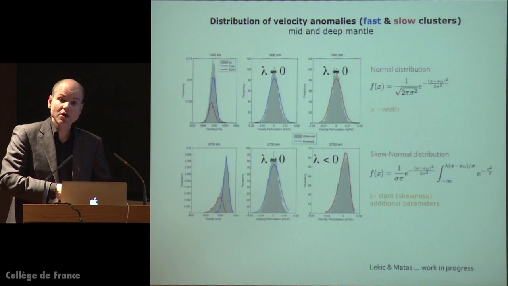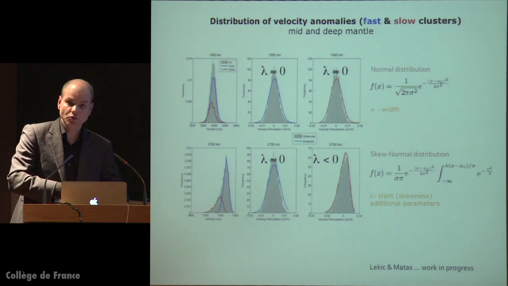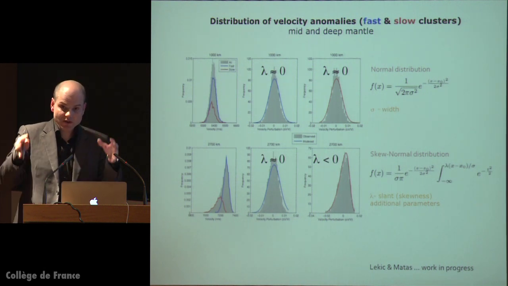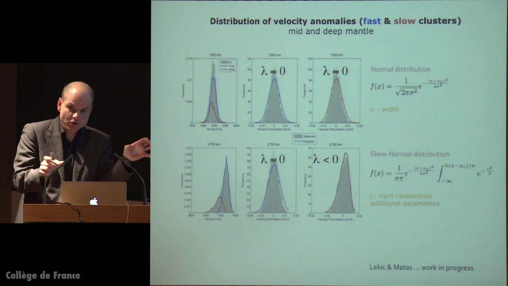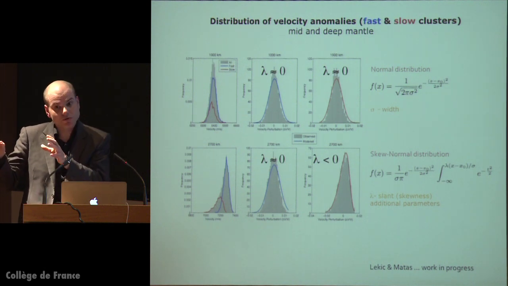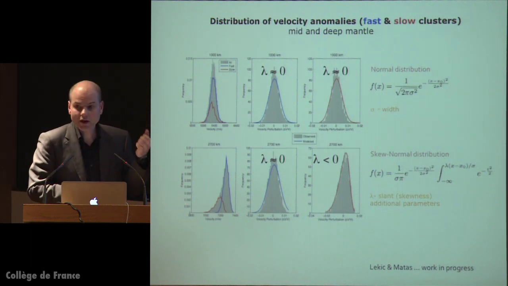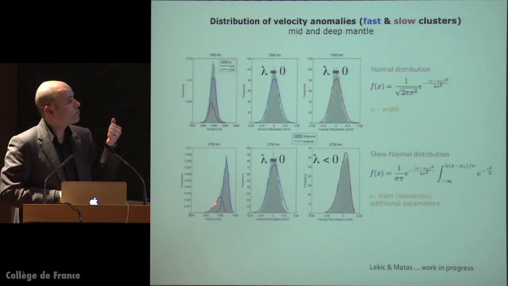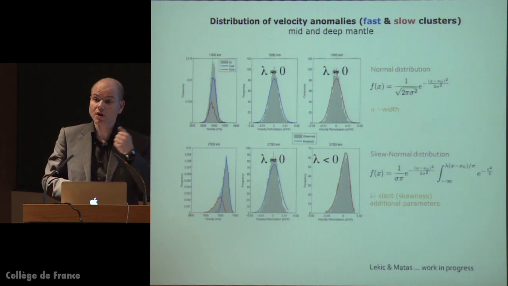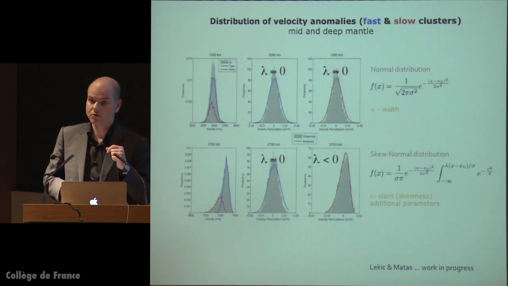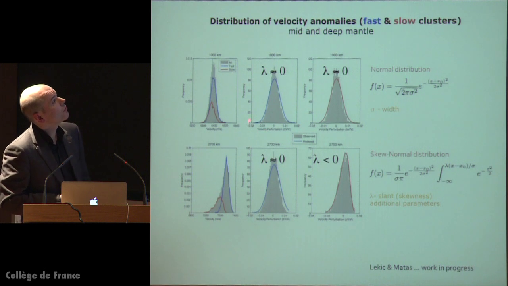The slow cluster remains skewed. So the global is skewed, and then within the global there is the slow one which is skewed, and the fast one which is not skewed. So we are saying, oh, that's something interesting. We should try to characterize this better and to see whether the skewness could be due to the attenuation in the lower mantle.